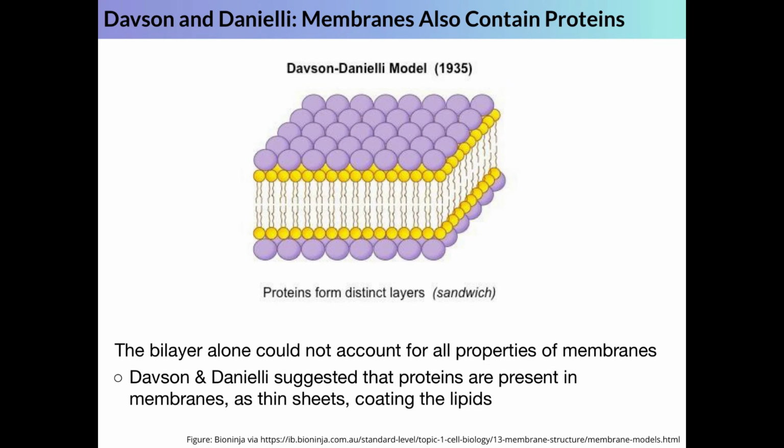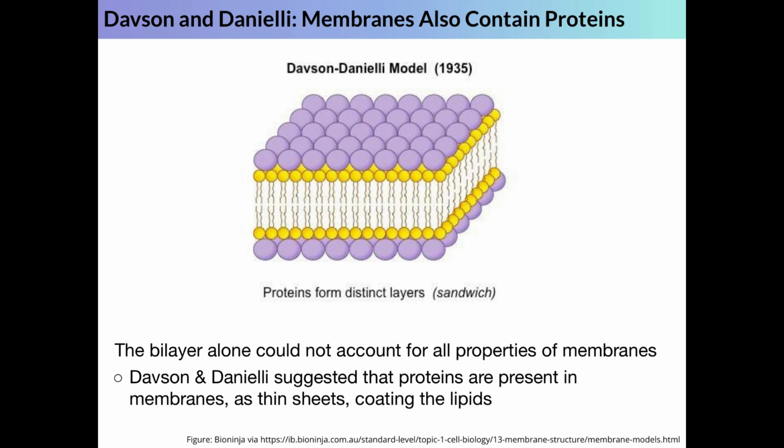Once the overall structure of the membrane was determined, there were still some aspects of membrane structure that remained unclear. For example, it was observed that a pure phospholipid bilayer had a higher surface tension than a naturally occurring membrane, and the surface tension refers to the ability to resist an applied force. This difference suggested that there must be other components to cell membranes.